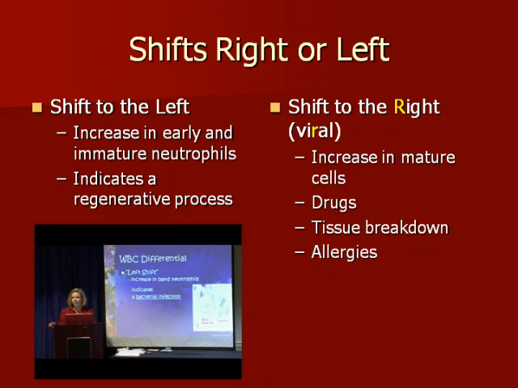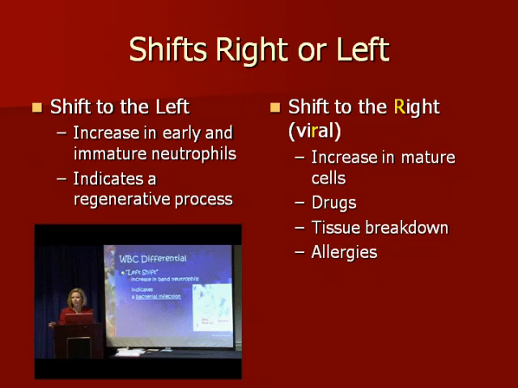It had to do with when somebody was counting this in the old days, a person would count by hand how many neutrophils and how many of the different granulocytes were on, and one was on the left side of the paper and one was on the right side of the paper.